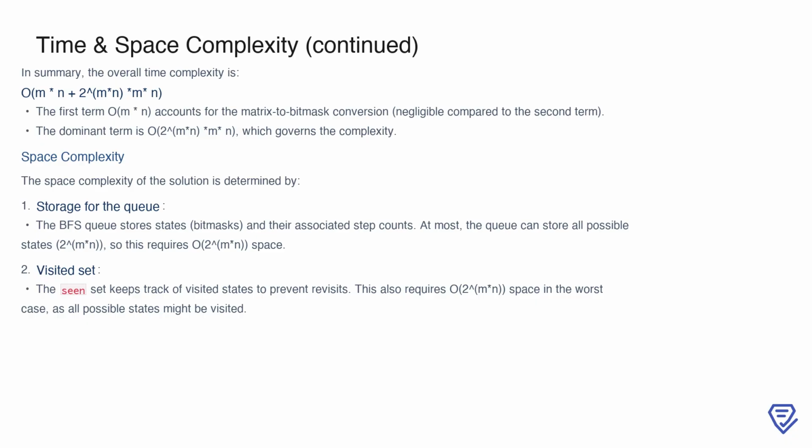Now, turning to space complexity, the storage requirements are determined by the BFS queue and the seen set. The BFS queue holds the states, represented as bit masks, and their associated step counts. In the worst case, the queue could store all possible states, requiring 2^(m*n) space. Similarly, the seen set tracks visited states to avoid redundant processing, which also requires 2^(m*n) space in the worst case.